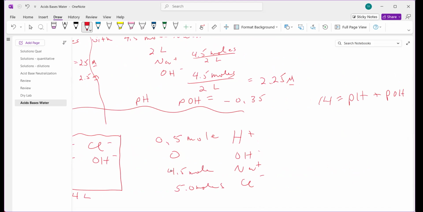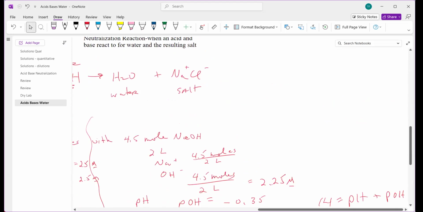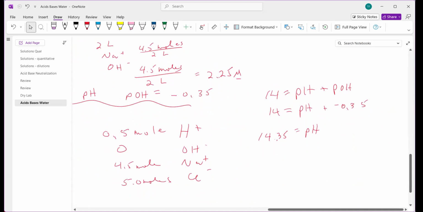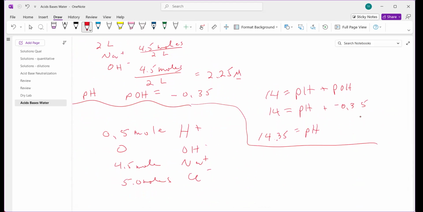Remember, pOH and pH are related through 14. So we know the pOH is minus 0.35. So the pH is going to be equal to 13.35. Everyone see that?